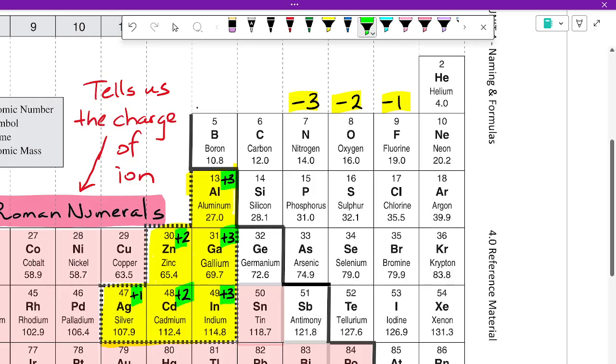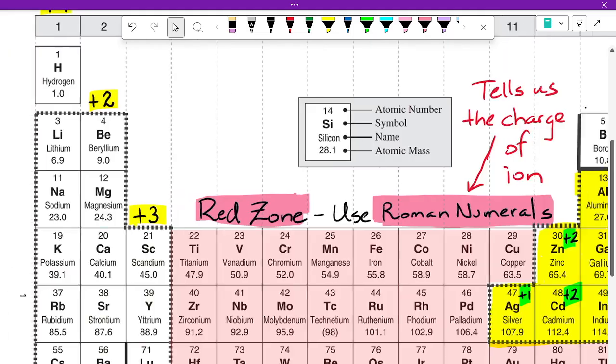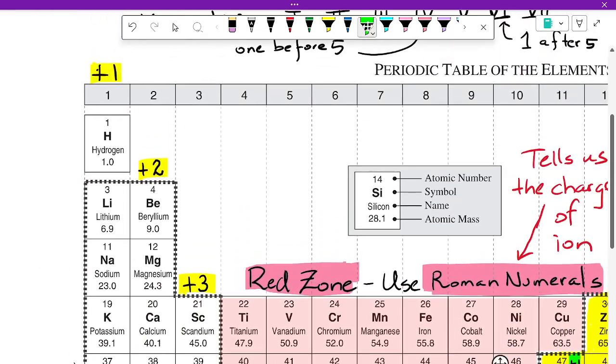And over on the left-hand side, we have 1, 2, 3. Okay, so if you're good at visualizing patterns, this should not be too difficult. Like I said, though, if you're not good at that kind of thing, it's okay. You can use your periodic table with the charges written on it. Okay?